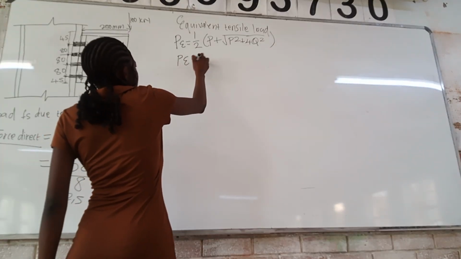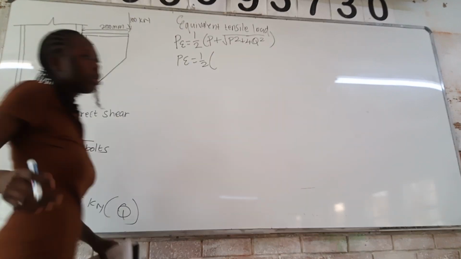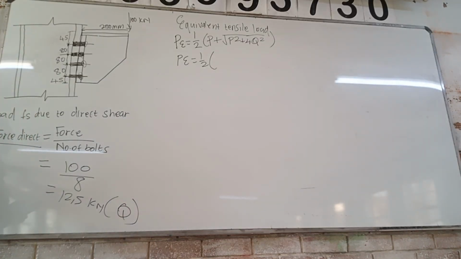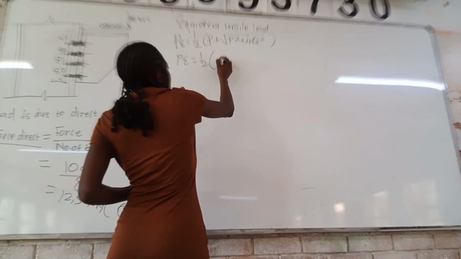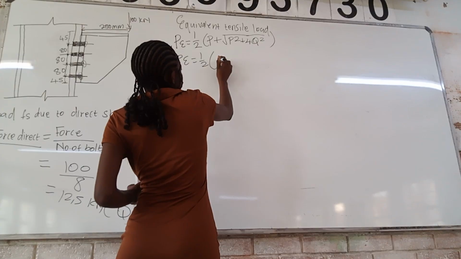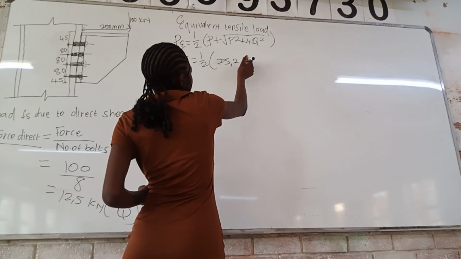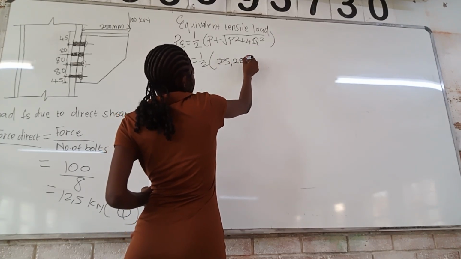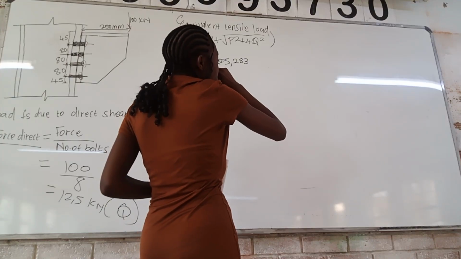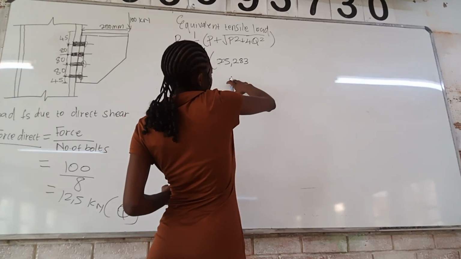So we have PE is equal to 1 over 2. What is our P? 25.283. Someone can round off, we have 25.3.